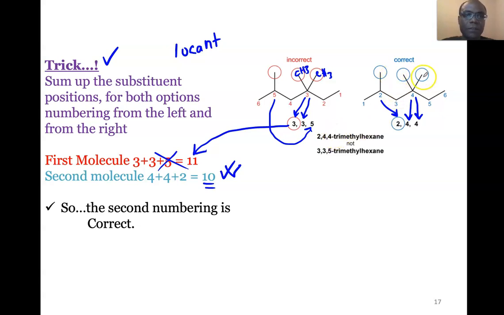You have 3 methyls, so it's tri, methyl, identity of the substituent, and then you have 6 carbons in the longest chain, so hexane. So you don't want to use these numbers, because that would be the wrong one. You have to prioritize the substituents, make sure the position of the substituents is summing up to a lesser number. So the second numbering is correct.